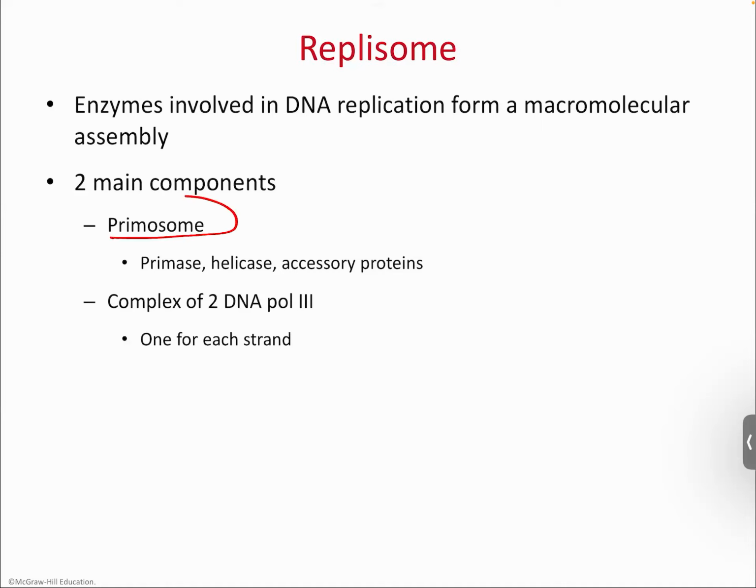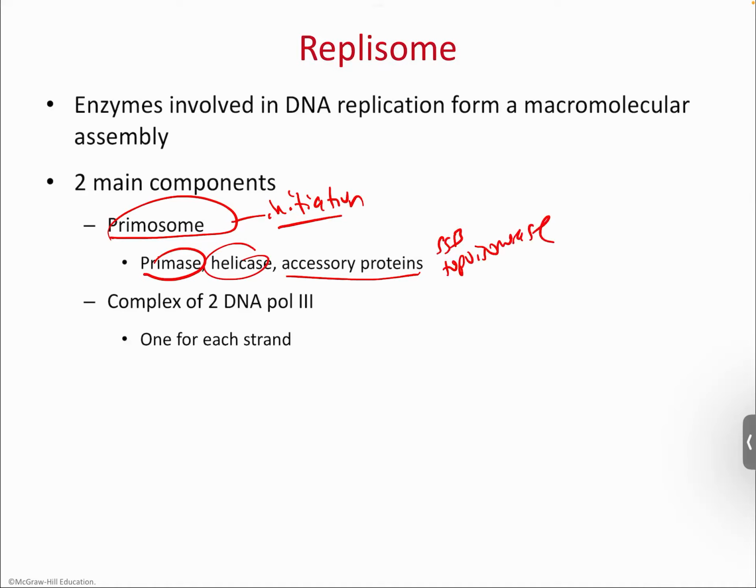So we have what's called the primosome, which focuses on events of initiation. So this is where you have your primase, helicase, and your accessory proteins, which are your single-stranded binding proteins and your topoisomerase. All right, so those are your accessory proteins. And then, of course, you have your pol III proper, where you're going to be making your nucleic acid.